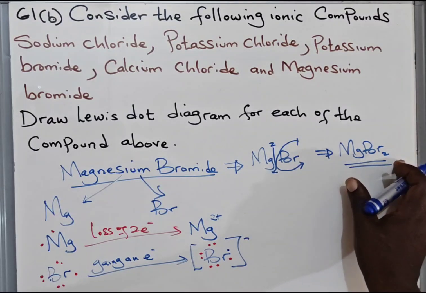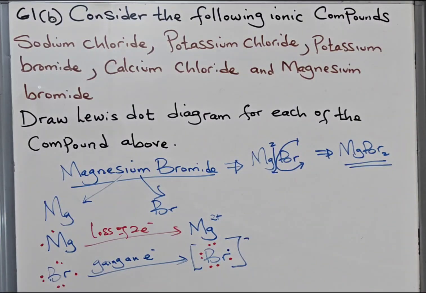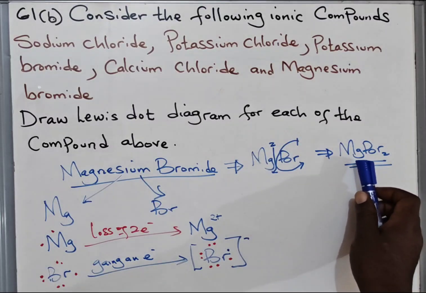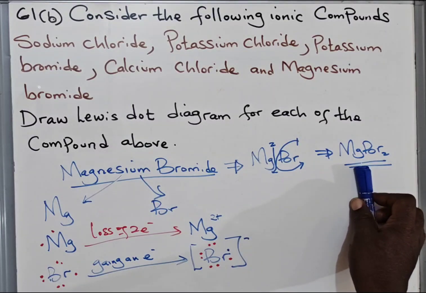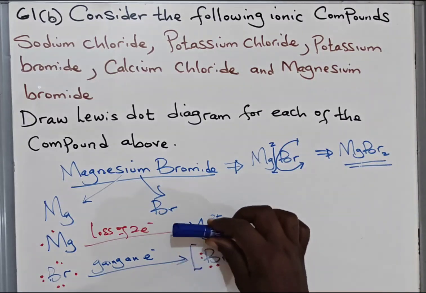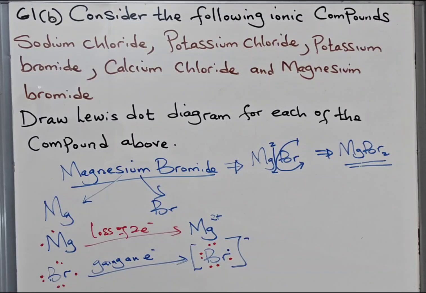So in other words, what we are going to have in our Lewis dot diagram, we are going to have 1 magnesium ion and 2 bromide ions. And how do we arrange that? This is what you have to do.